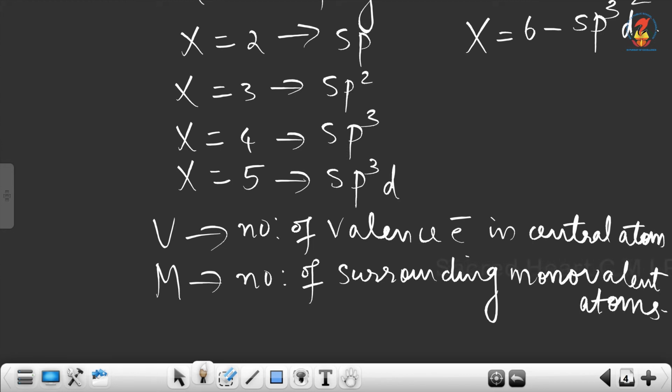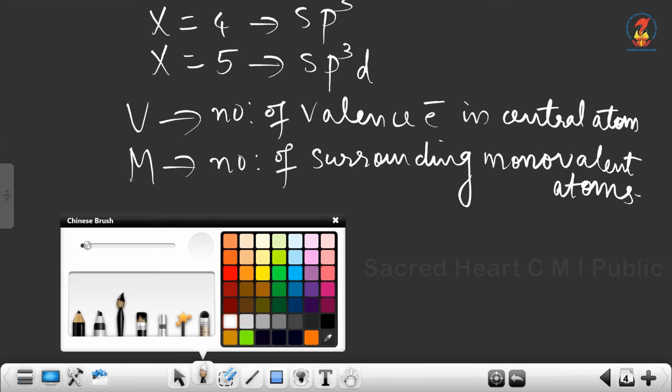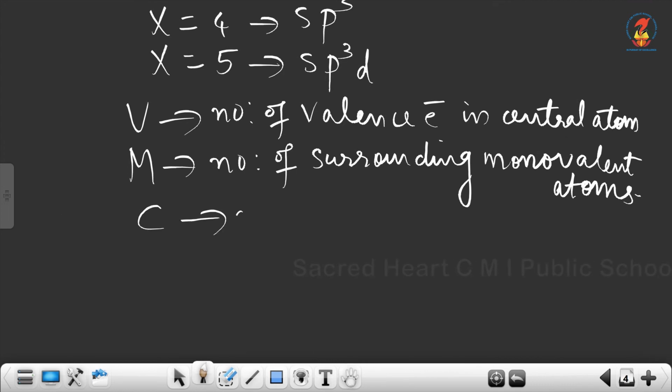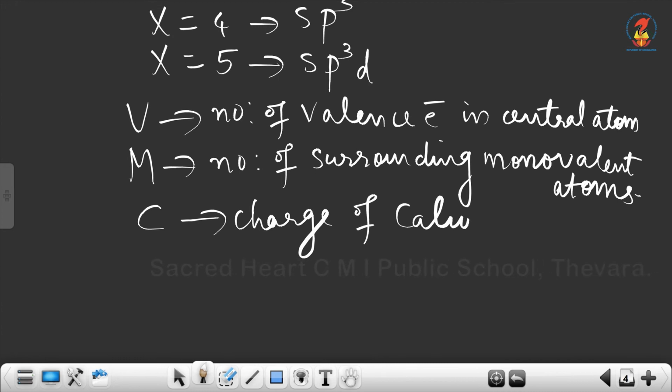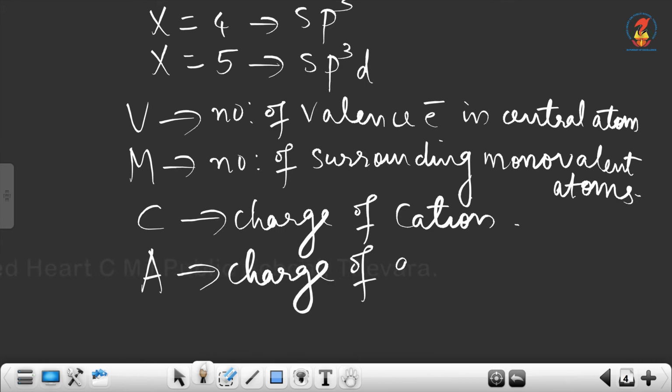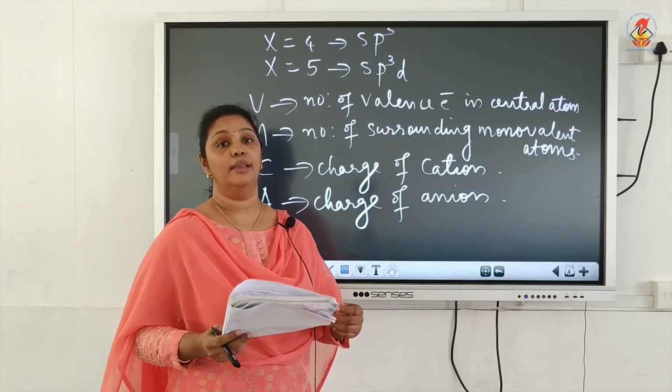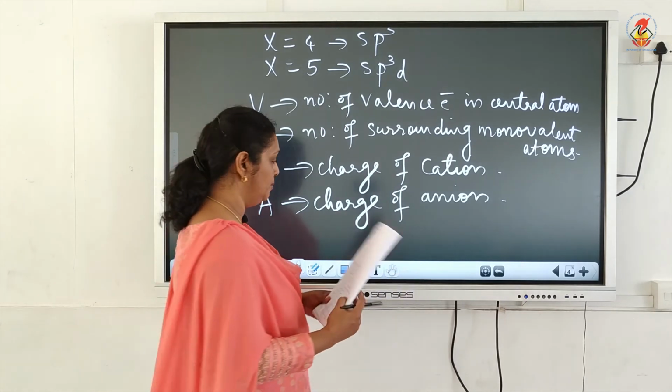C is the charge of the cation and A is the charge of the anion. Okay, so let's apply this formula to find the hybridization. A few examples we will do.